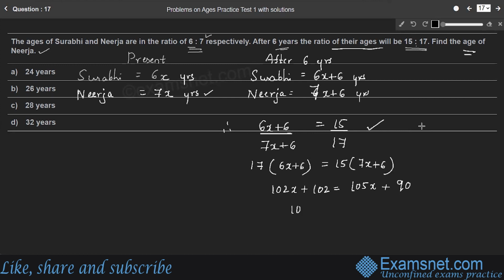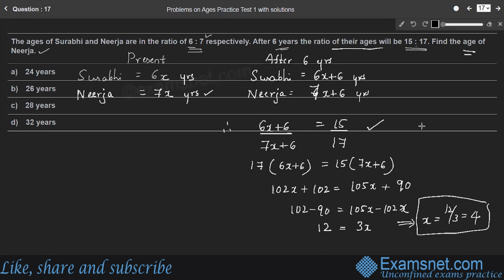So 102 minus 90 is 105x minus 102x. Therefore, it is 12 is equal to 3x. Therefore, the value of x is 12 by 3, which is 4. Value of x is 4, right?